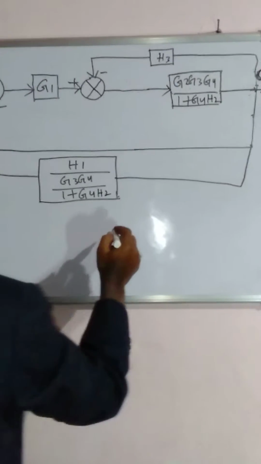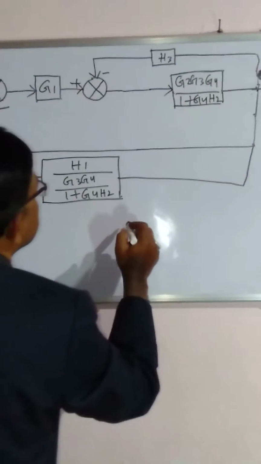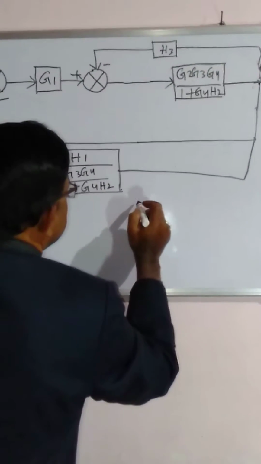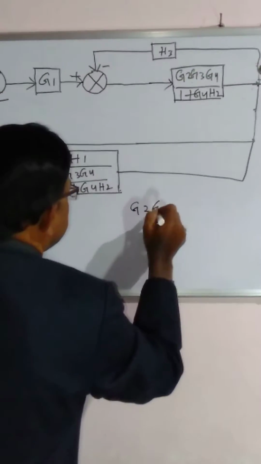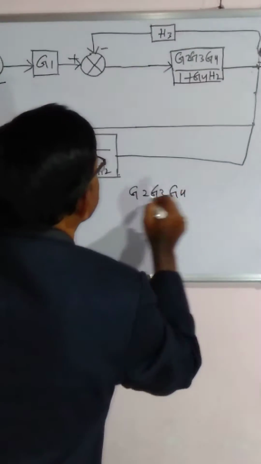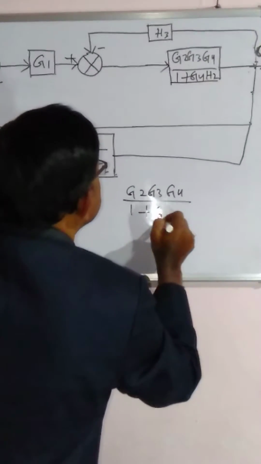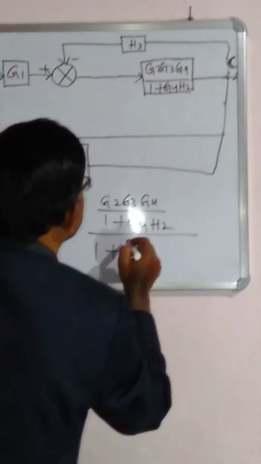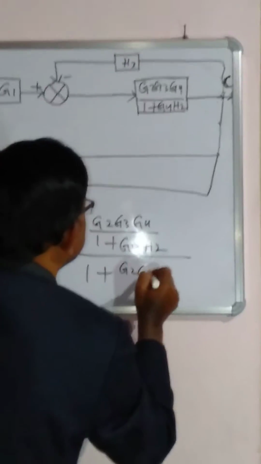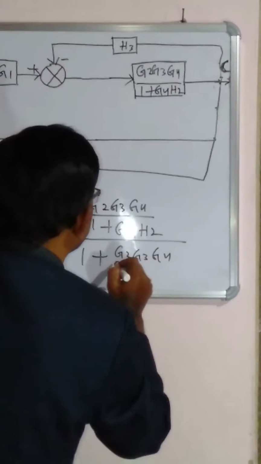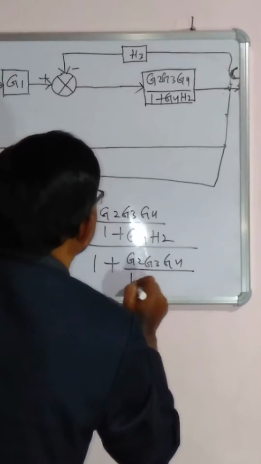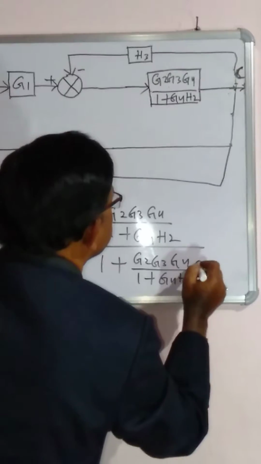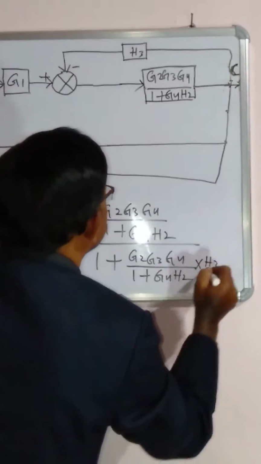The transfer function of this is G2 G3 G4 by 1 plus G4 H2 divided by 1 plus G2 G3 G4 by 1 plus G4 H2 into H3.